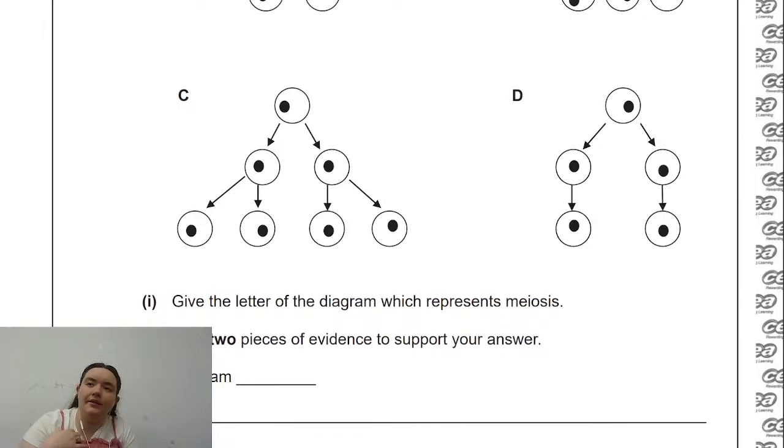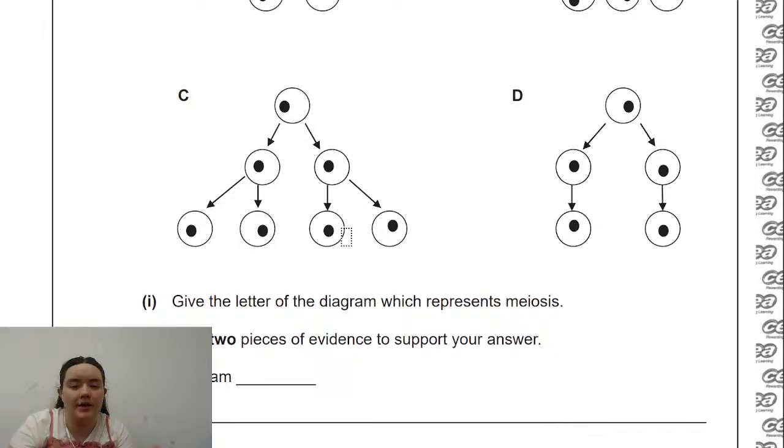For some reason, I got myself confused and was thinking, oh no, it only splits into 2, but no, it splits into 4. So it splits twice. In this first cell division, you've got the full 46 chromosomes in both of these cells. It's only in that second division that it breaks down into our haploid cells.